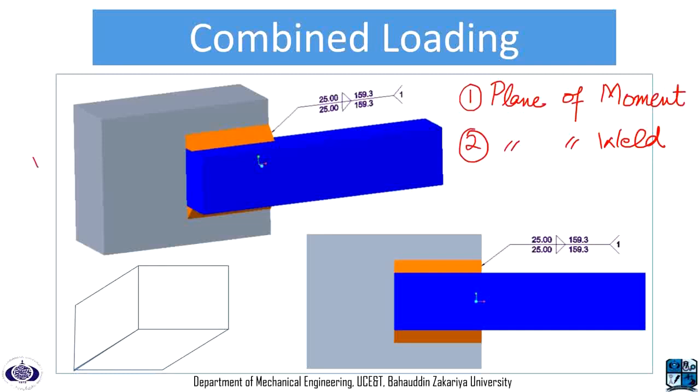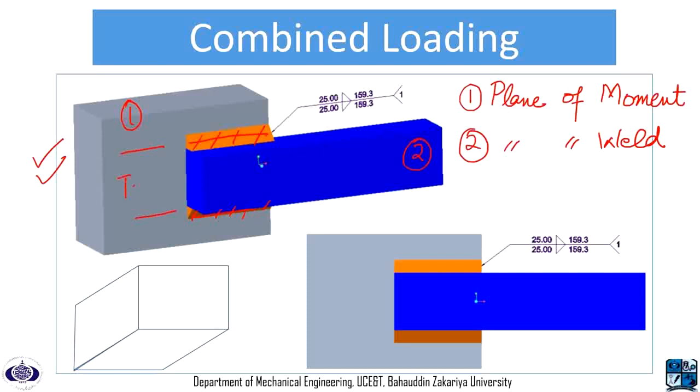So in this example, we have parent metal 1 attached to a parent metal 2 through a weld. And the profile of the weld is two lines which are in the top plane.